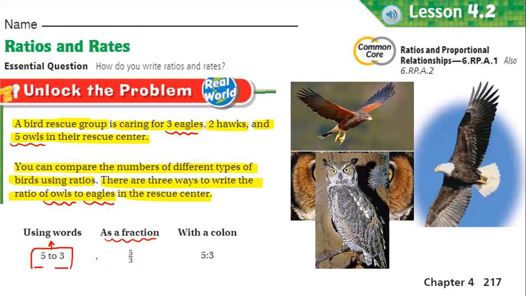The same thing as before, 5 to 3. The third method is 5 colon 3, and I can read it the same way as the first, 5 to 3.